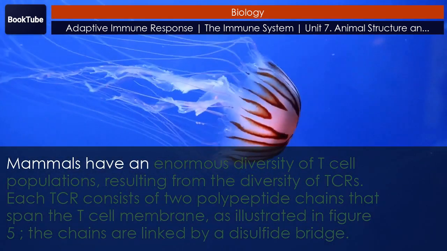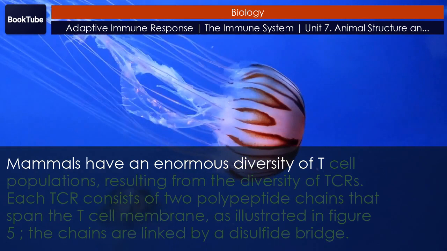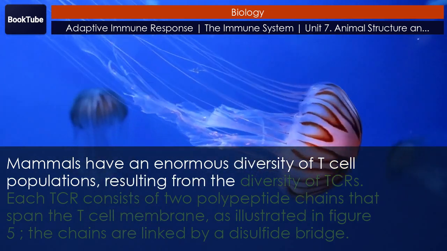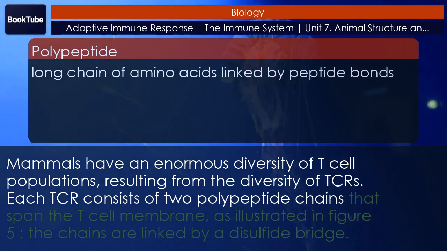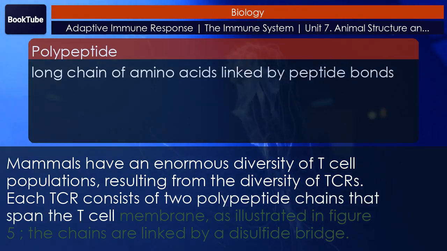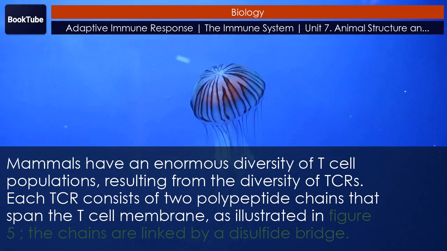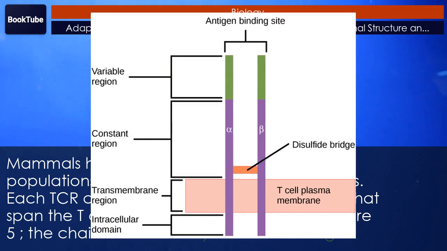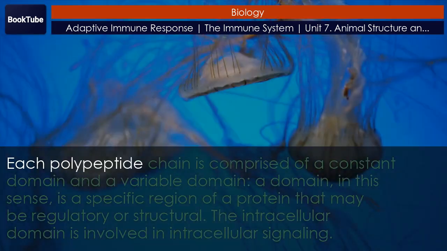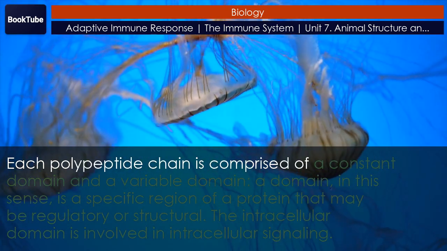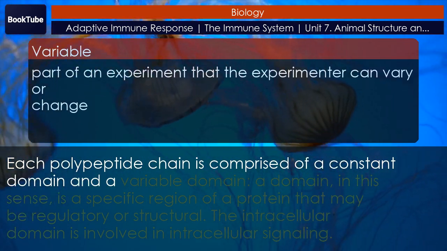Mammals have an enormous diversity of T cell populations, resulting from the diversity of TCRs. Each TCR consists of two polypeptide chains that span the T cell membrane. As illustrated in Figure 5, the chains are linked by a disulfide bridge. Each polypeptide chain is comprised of a constant domain and a variable domain.